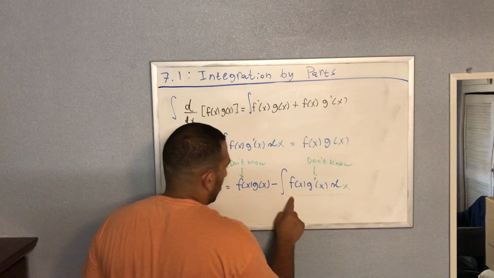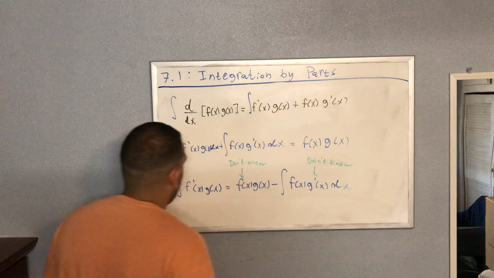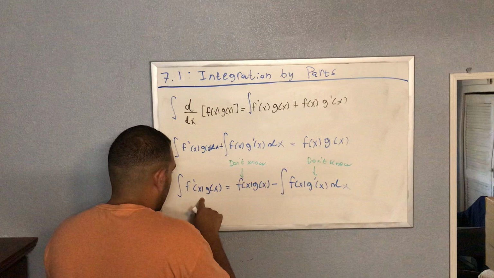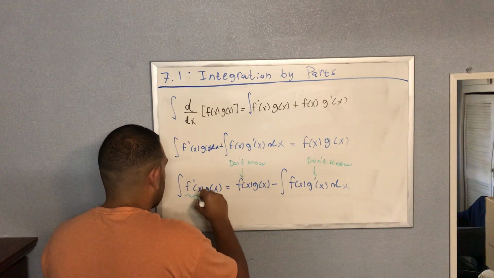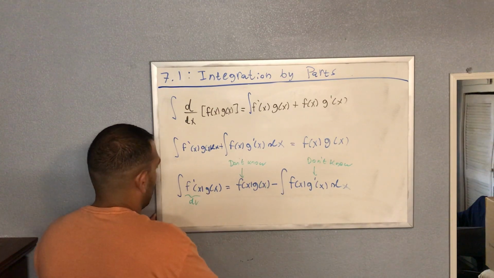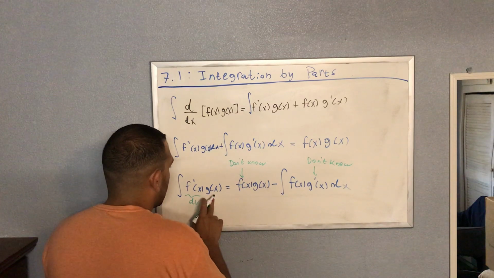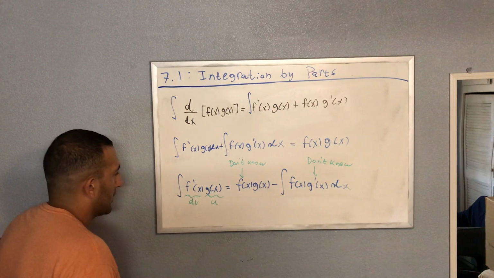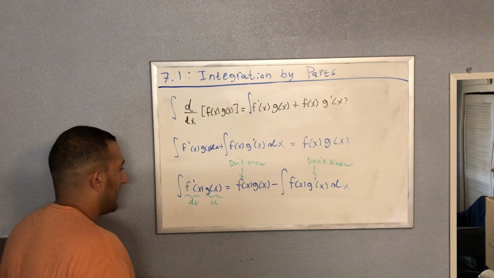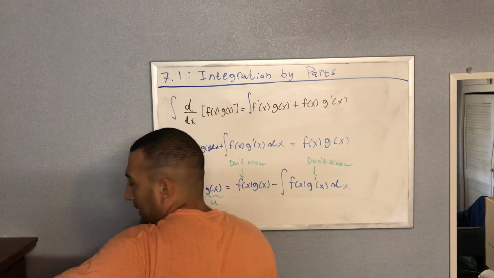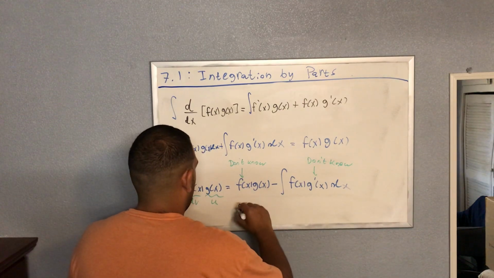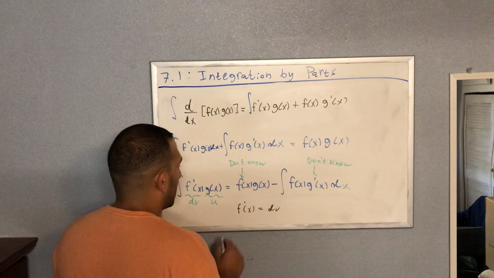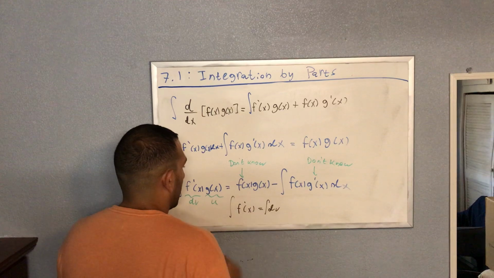The conventional way this is written is that because f prime is the derivative of something, you call this guy dv, and then you call this guy u. So if f prime of x is equal to dv, then when you take the integral of both sides, what do you get?